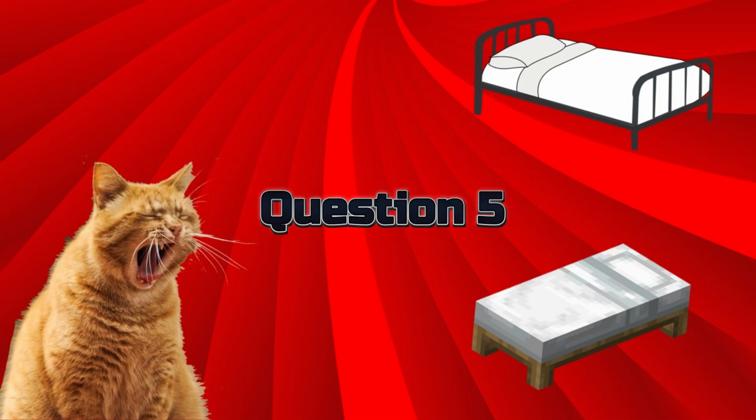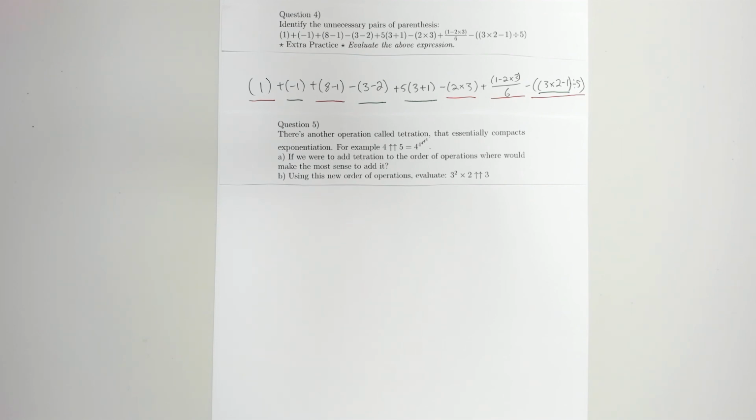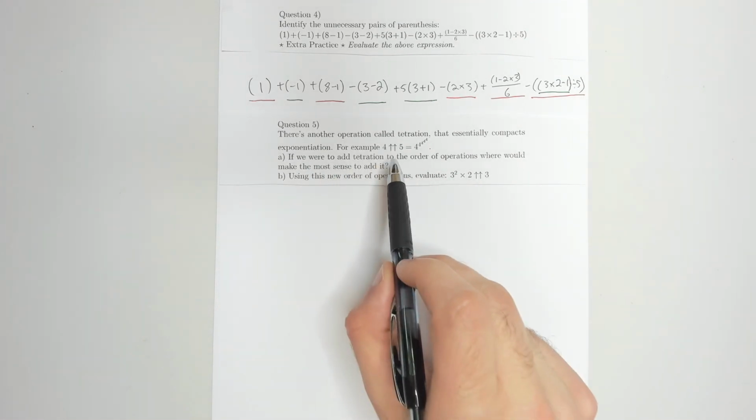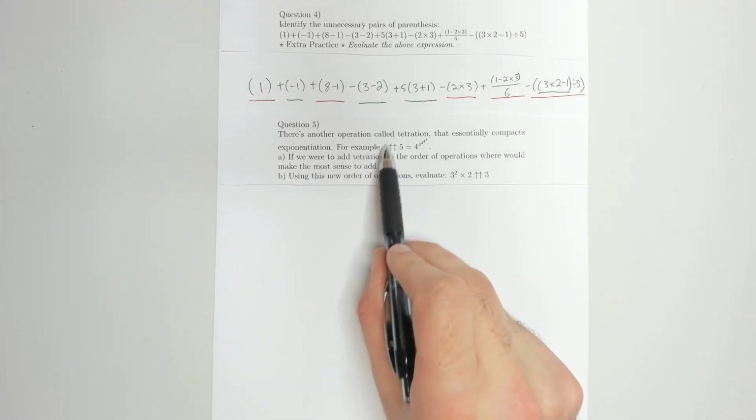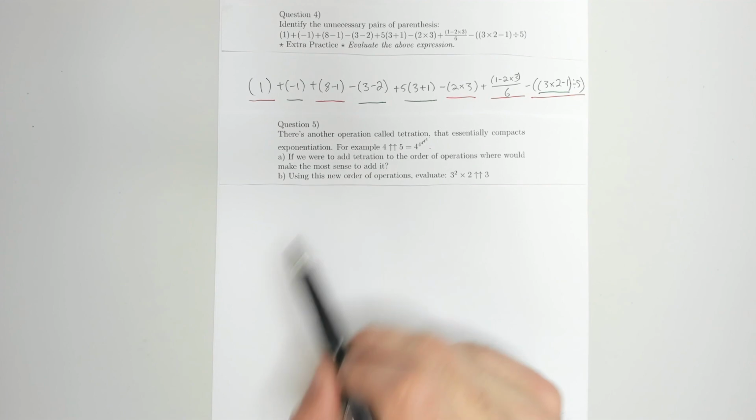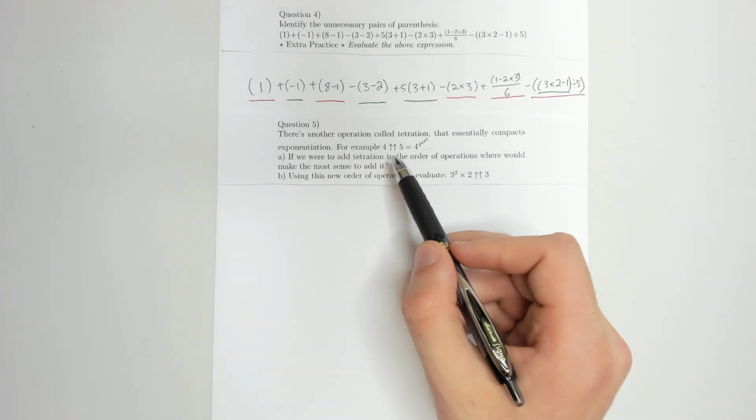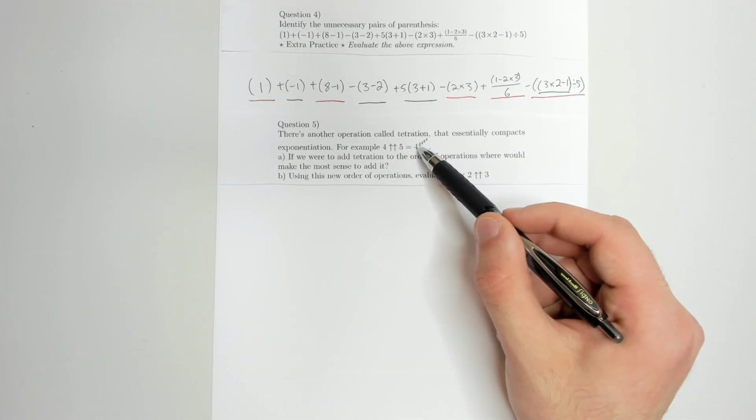Question 5. All right, so question 5, this is an interesting one. So there's another operation called tetration, and tetration essentially compacts exponentiation. So for example, 4, and then we use this double up arrow to indicate we're doing the tetration. So 4 tetration 5, and then we just have 5 4s here, right? But it's all exponents.